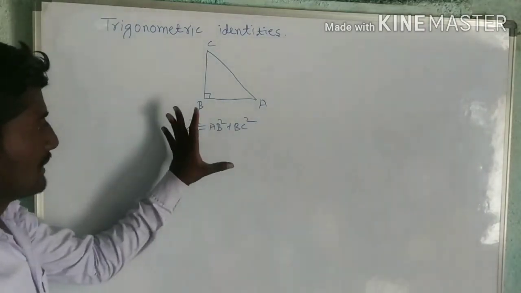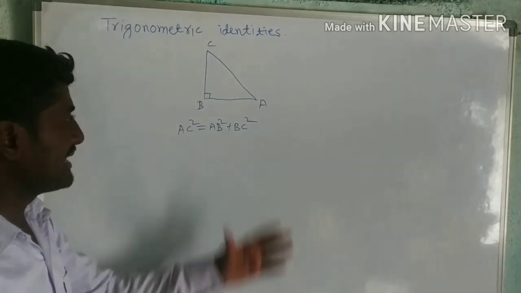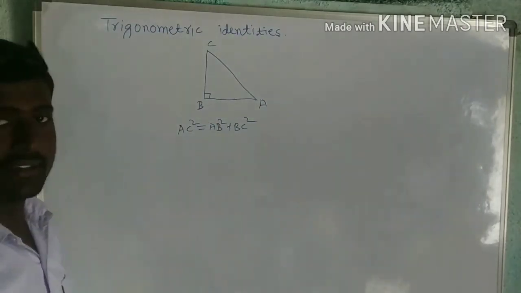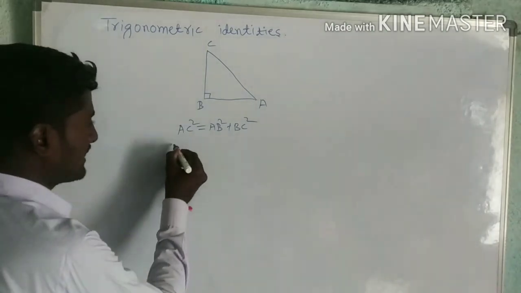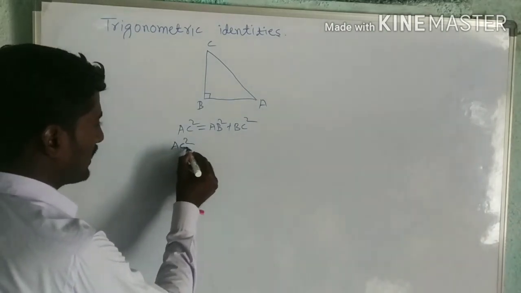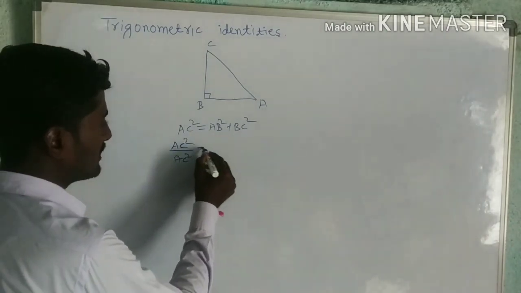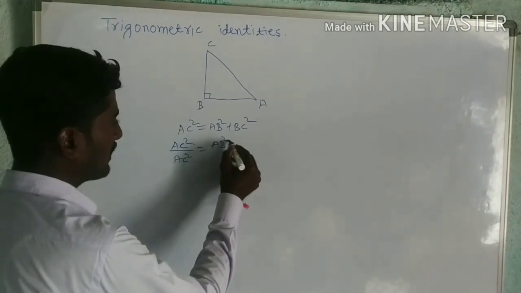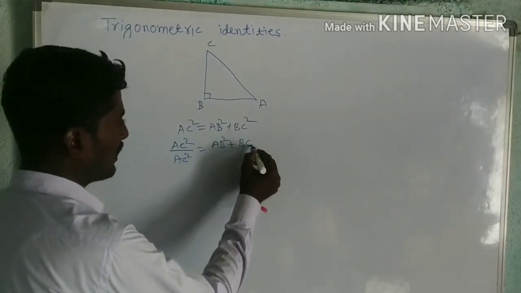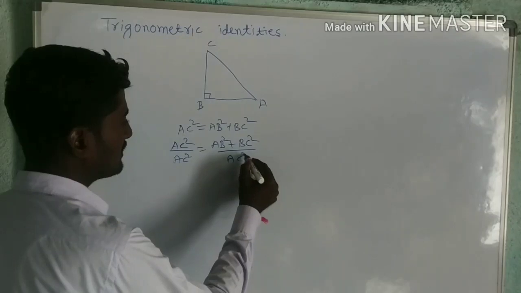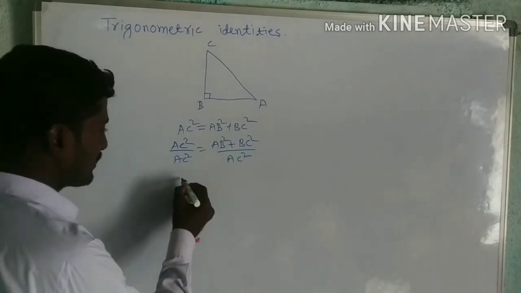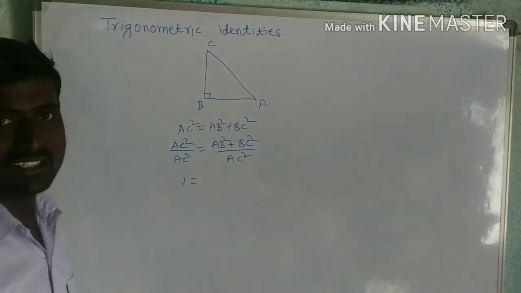Now first I want to divide both sides by AC square. What will we get? AC square divided by AC square is equal to AB square plus BC square divided by AC square. Now the left side is equal to 1, AC square by AC square.